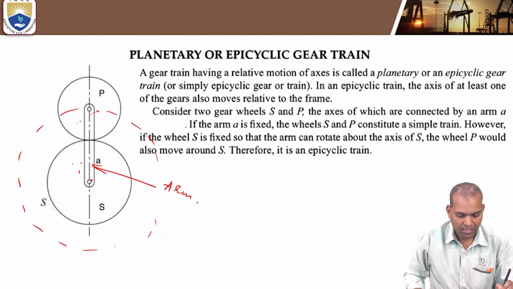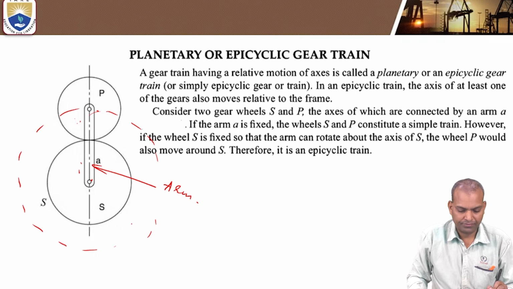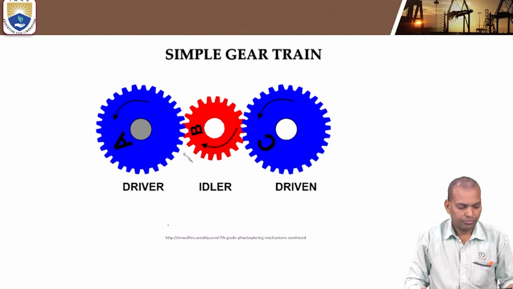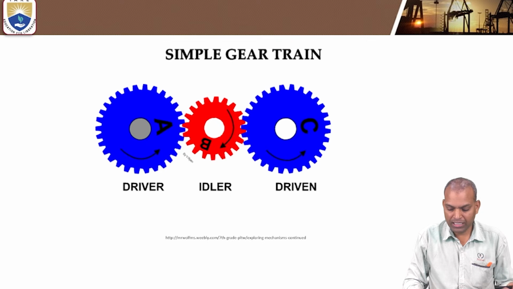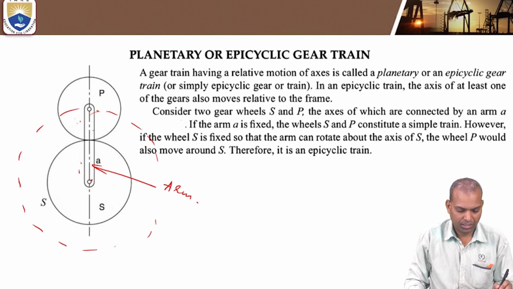So it is an epicyclic train. When the arm is fixed, the epicyclic train becomes a simple train.